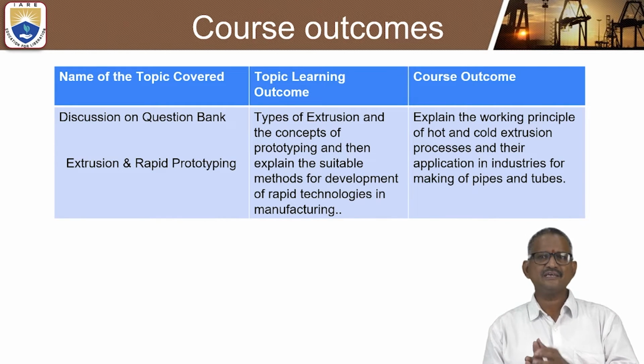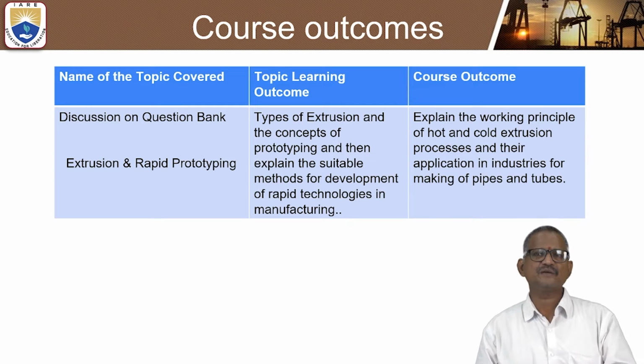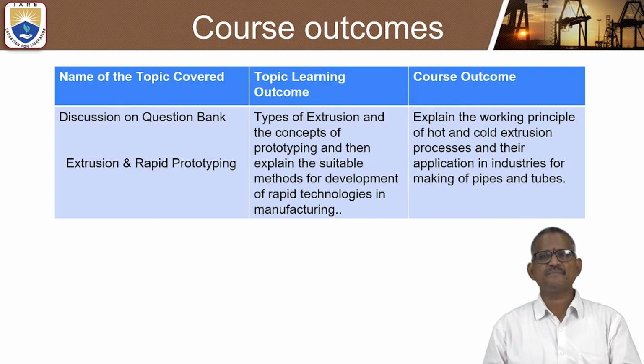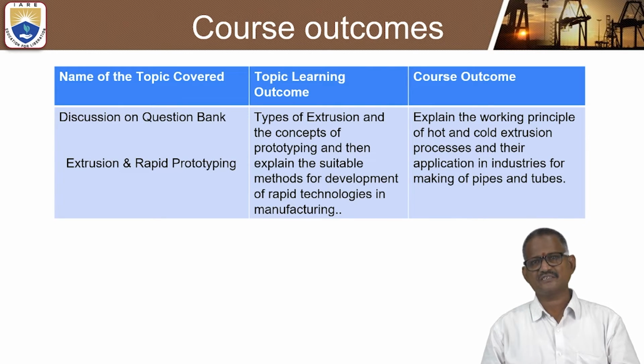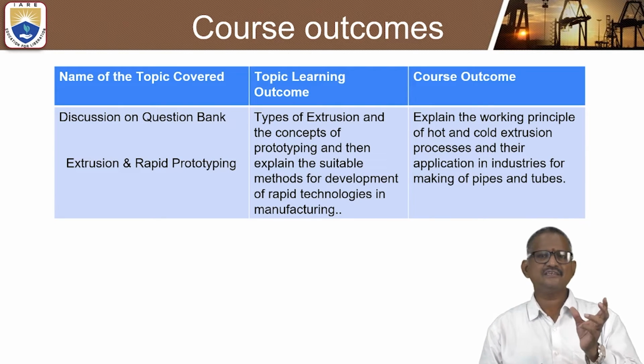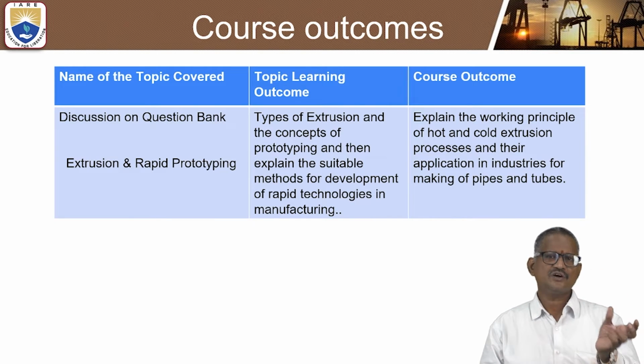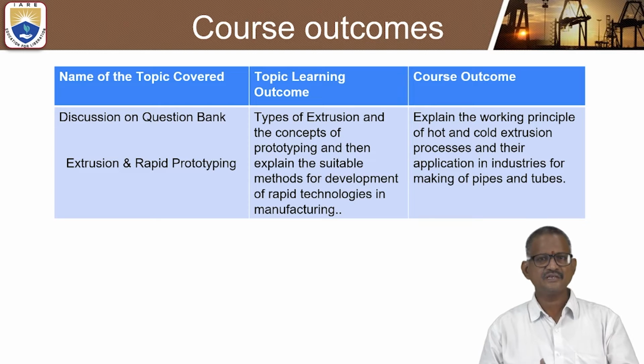Generally, the types of extrusion and the concept of prototyping, and then explain the suitable methods for developing rapid technologies in manufacturing. So, this unit covers manufacturing processes: extrusion, and similarly rapid prototyping, which is also called 3D printing.